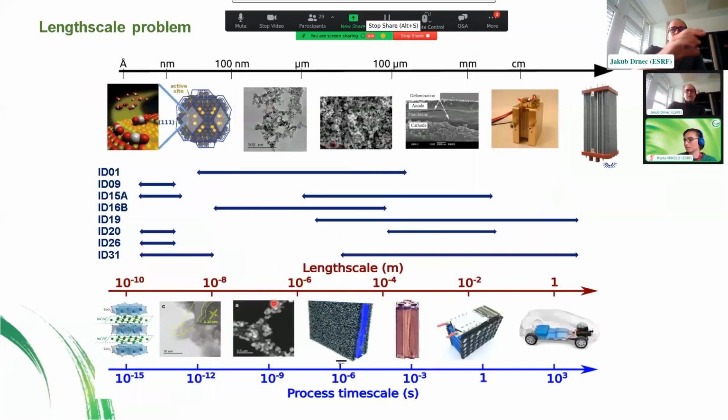Okay. So now, at ESRF, we also use different instruments. And I think most of the instruments on this list are available for REMAKE, which spans all the length scales needed for the characterization of energy conversion and storage materials and devices.